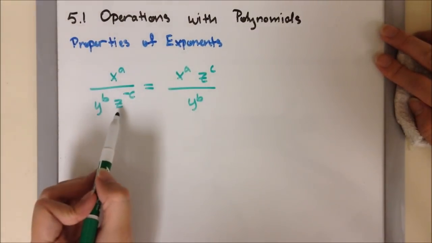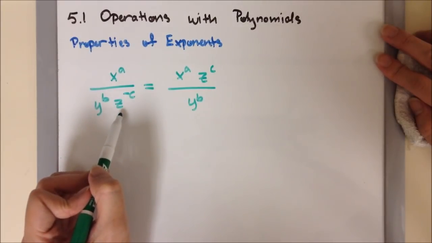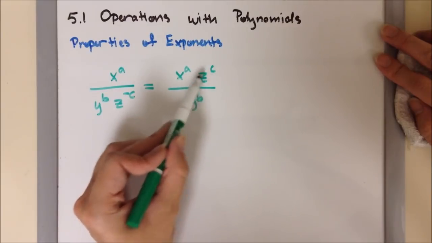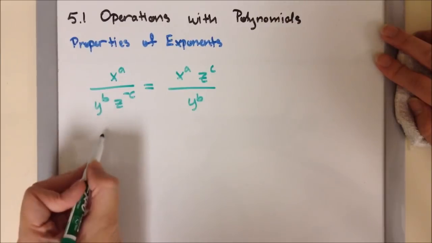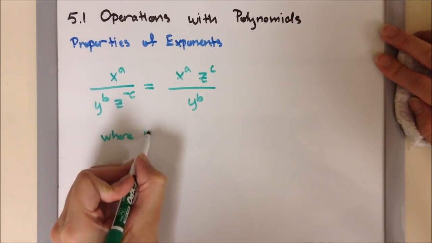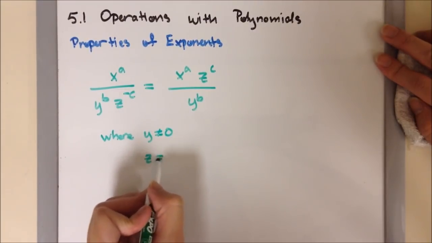So to review, my z with the negative c power was in the denominator. I move it to the opposite side, which is into the numerator, just like right here. And I change from negative c to positive c. Let me declare that y does not equal 0 and z does not equal 0.